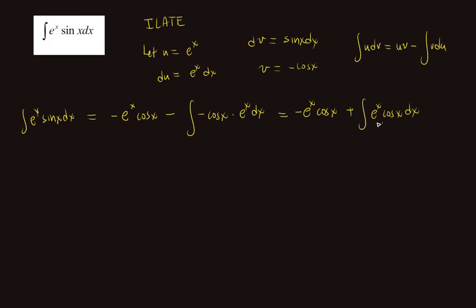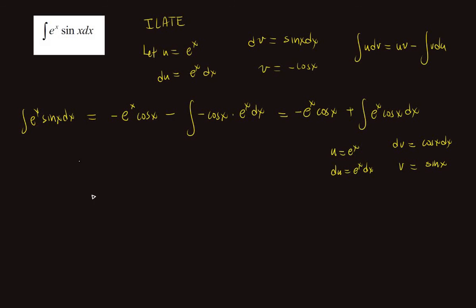Again, we have another integral that the only way to solve will be by using integration by parts. So who are we going to choose here as our u? Let u be equal to e to the x, du is equal to e to the x dx, dv is equal to cosine of x dx, and v is equal to sine of x.